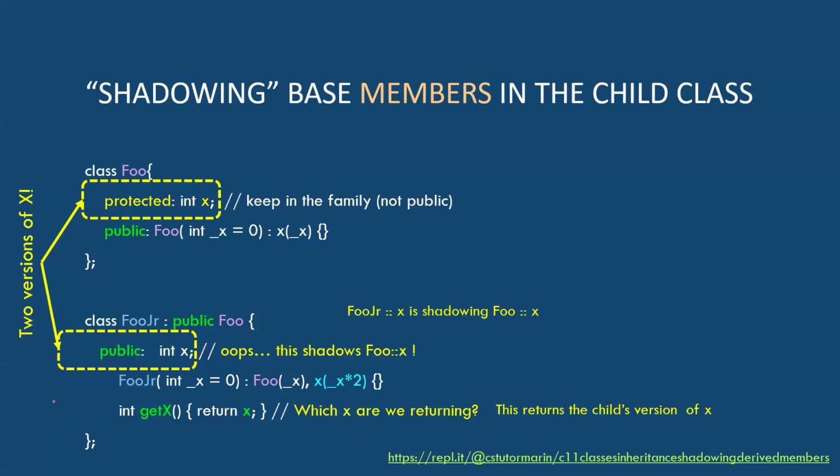So you might be interested to know that we can be very specific about which data member we're talking about, by prefixing it with our good old scope resolution operator. So FooJunior::x very clearly says we're talking about this. Foo::x means we're talking about this.